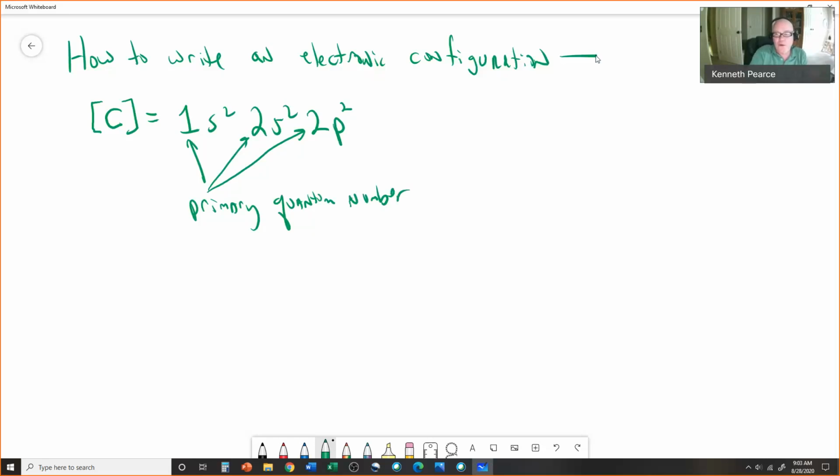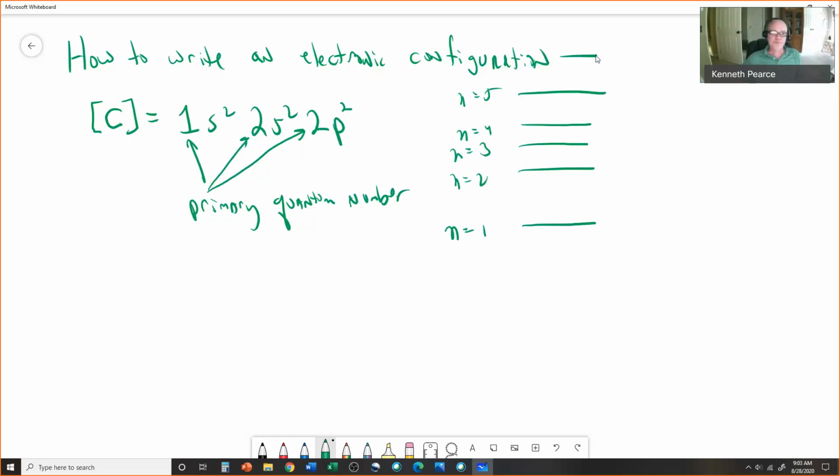And so these correspond to the levels that we had the other day. And then we have our sublevels, and that's what these guys are here. These are sublevels.